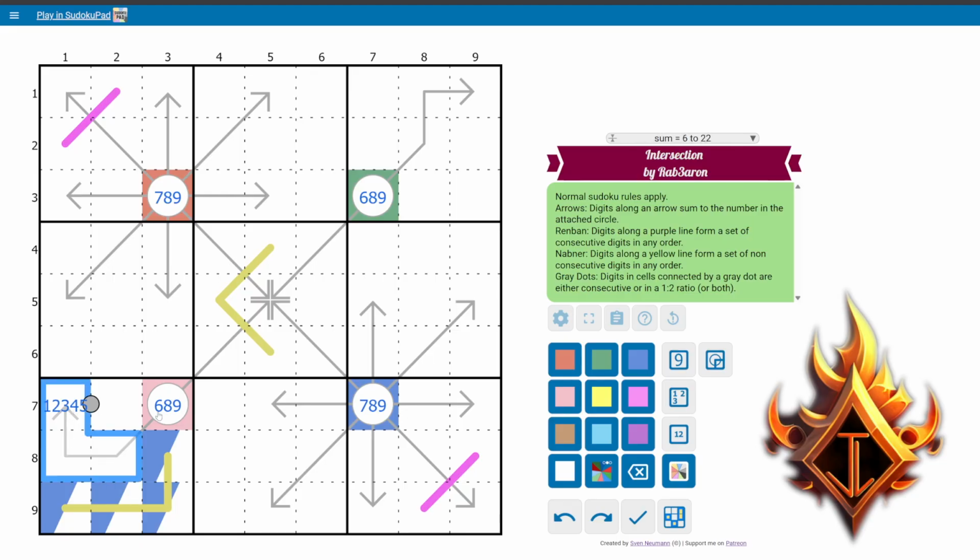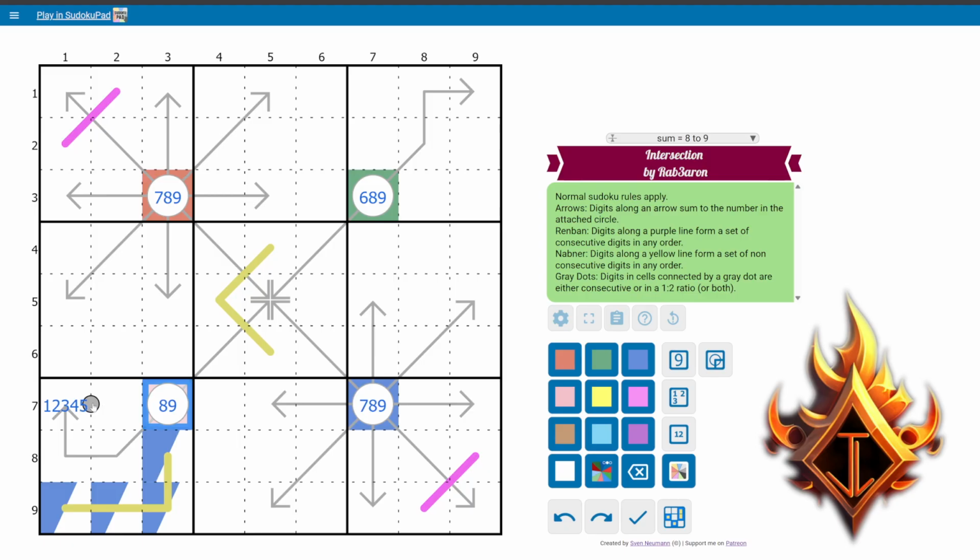Could this actually be 6? It would be 1, 2, 3, 4, 6, and then 7, 8, 9 would all be on an Nabner. So it cannot. Oh, wait. It could be 1. Oh, no, it still wouldn't work, even if it was. Yeah. 6 cannot be there.